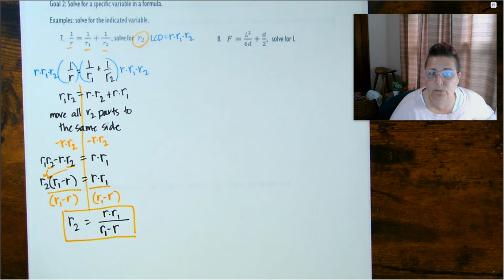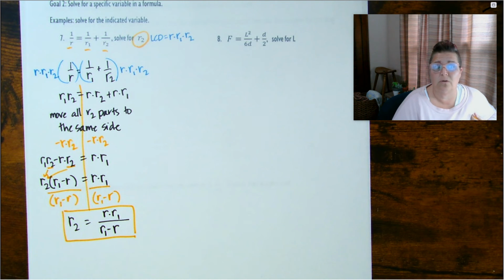Who would do this? This is an electrician's formula. So if for any reason you're here because you're going to be taking tech math and going into the electricians or the HVAC or even the electrical engineering track, you'll see this formula a lot. If you weren't already familiar with it, this is resistance.